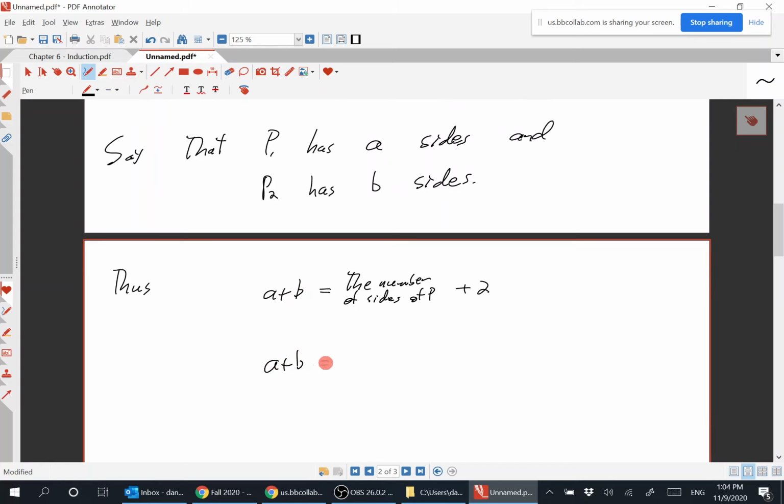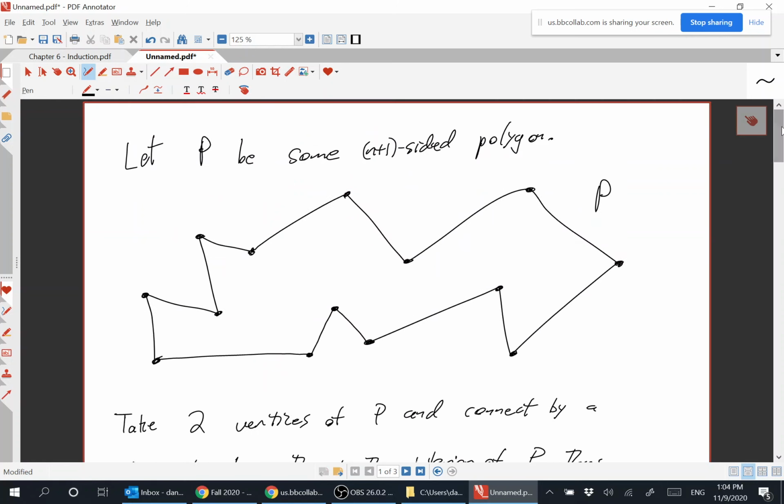So A plus B is equal to, how many sides did P have? Not in the picture, the picture is just a visual aid.